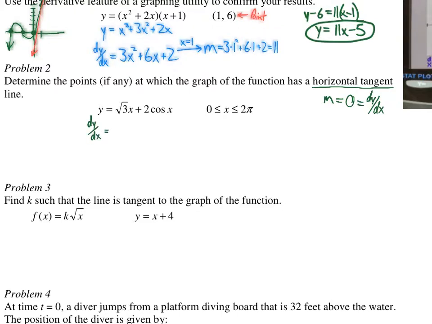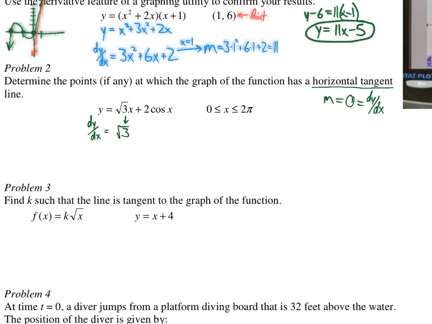What is the derivative of the first part, the radical 3x? Just the radical 3. That's a linear portion of the function, and the slope of a line is constant, so it's just that coefficient.